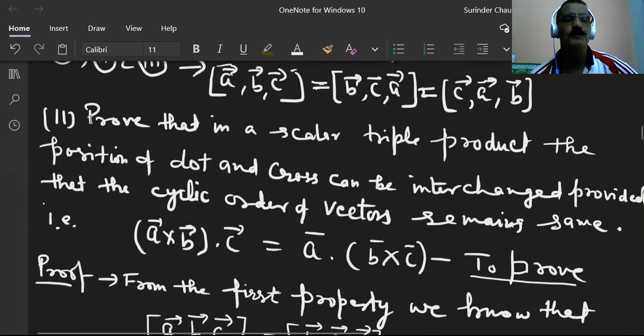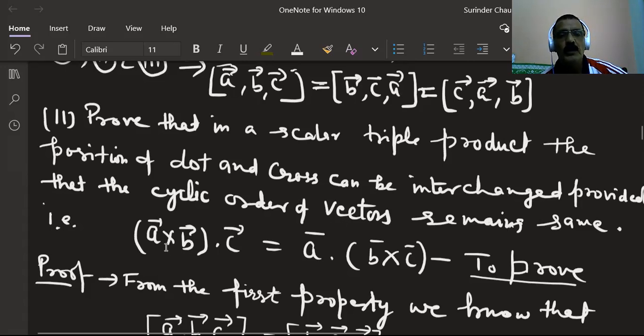Now the next property: prove that in a scalar triple product, the position of dot and cross can be interchanged, provided that the cyclic order of the vectors remains the same.